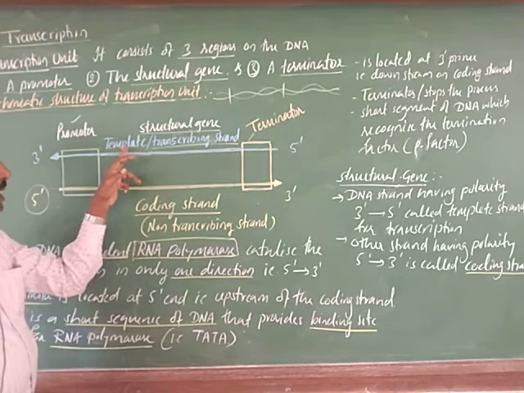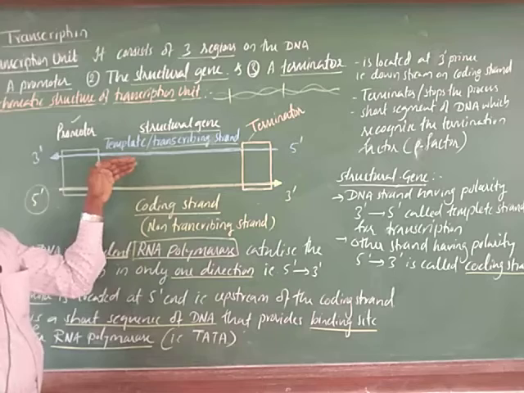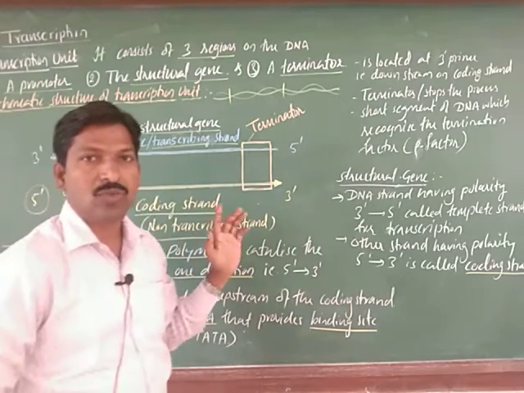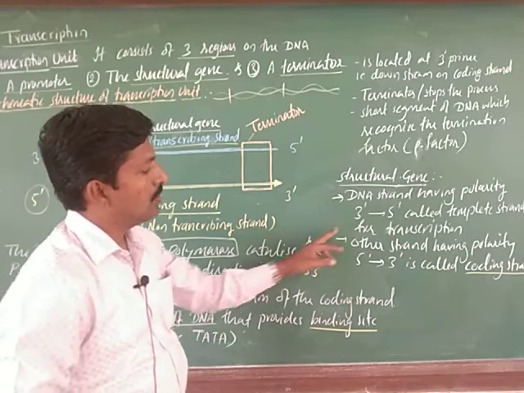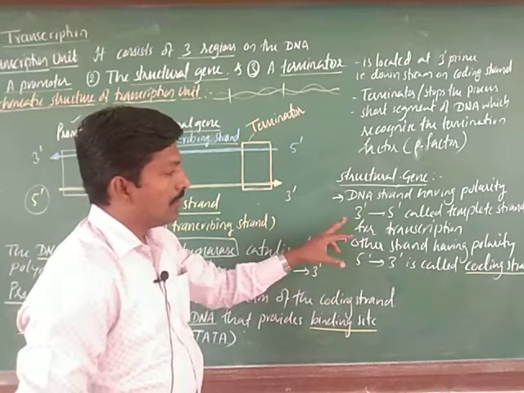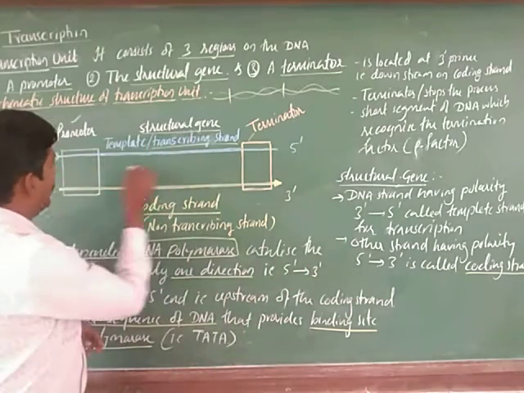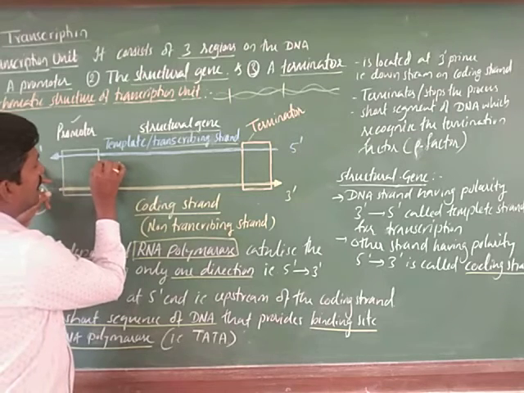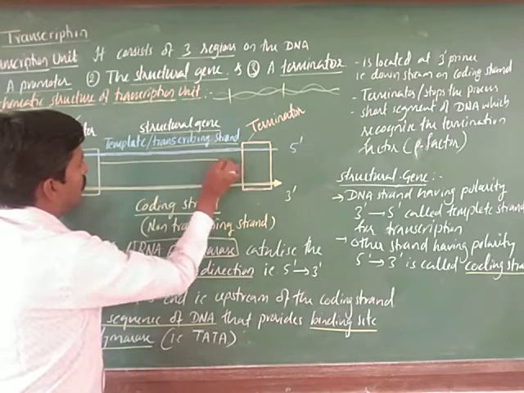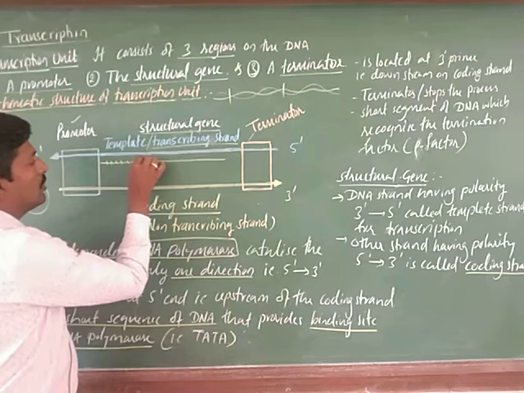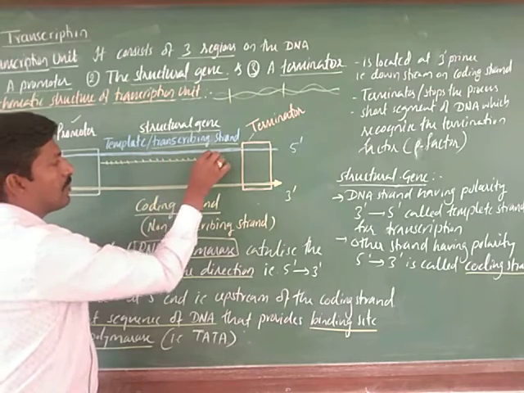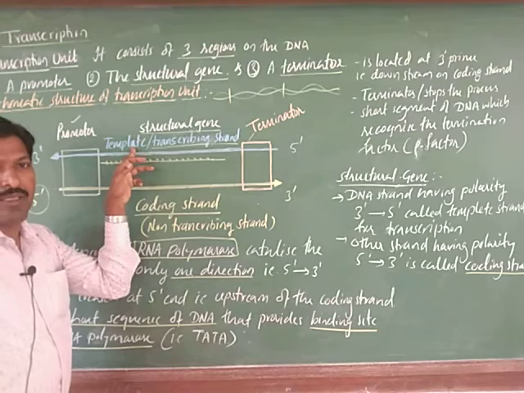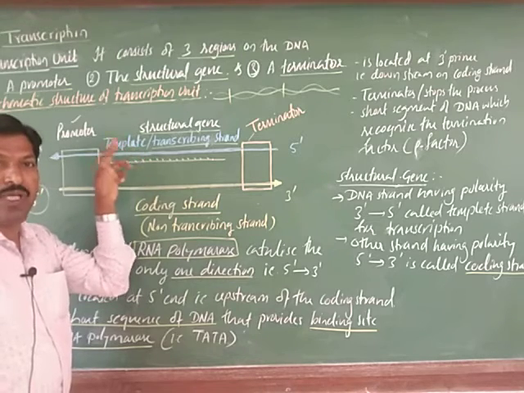Usually the template performs the synthesis of the new strand. Whatever is formed here begins from this side. The newly formed strand has codes, and this coding sequence is complementary to the template.